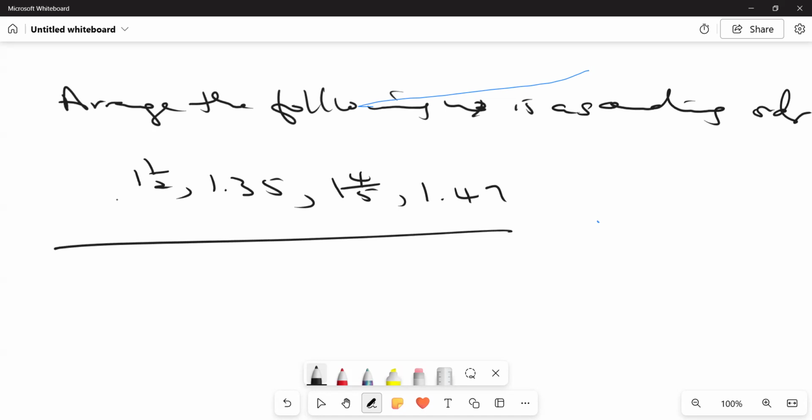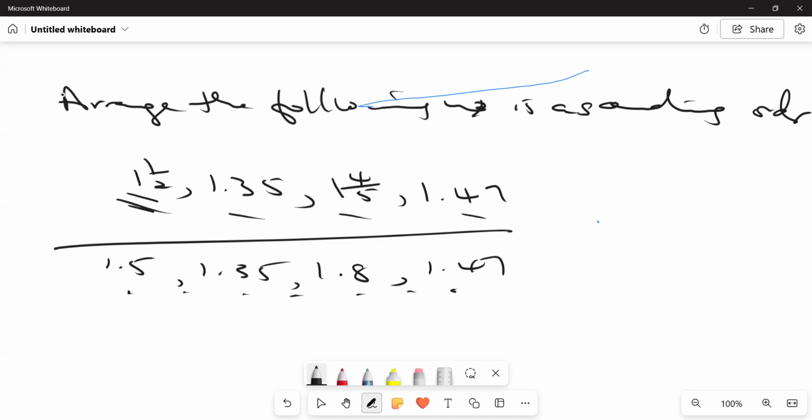You'll have to write all of them either as a decimal or as a fraction, and then you can pick out which one is the smallest, and then you go right up to the largest. Isn't that so? So you take this 1.5, then you get 1.35, then 1 and 4/5 is 1.8, and then 1.47.